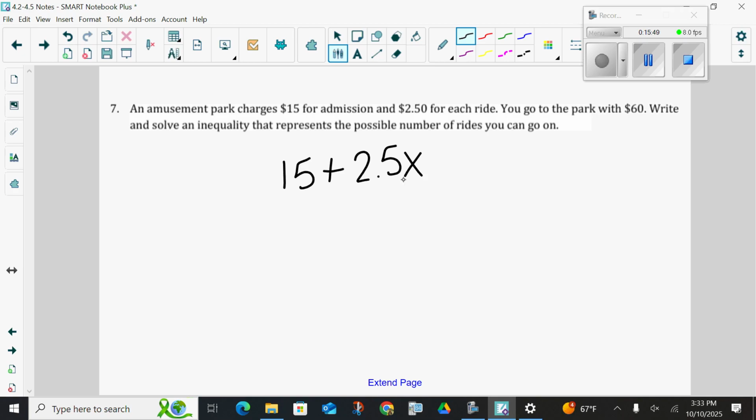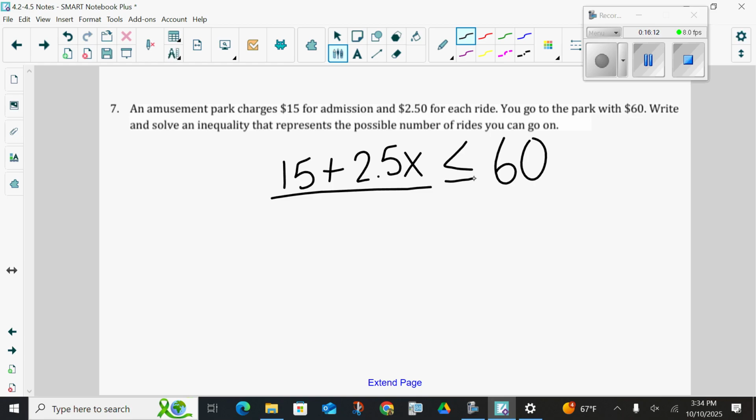$2.50 per ride. We have $60, and so you can't spend more than what you have. So everything on this side needs to be less than or equal to $60. So our symbol is less than or equal to. Now we're going to go through and solve.